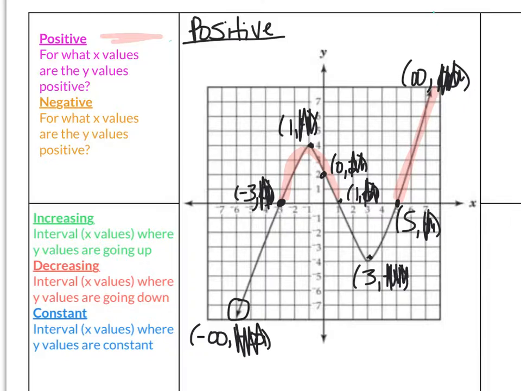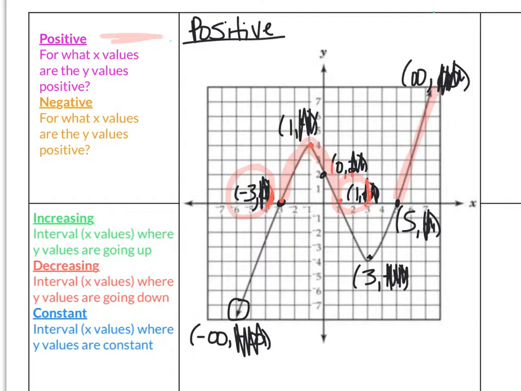So positive is where it's above your x-axis. So I am above my x-axis between -3 and +1. That's where this little loop right here starts at -3, ends at +1.